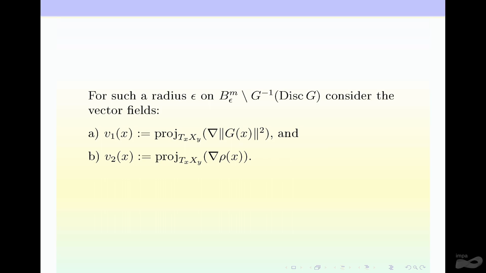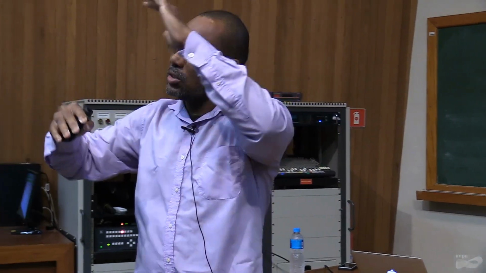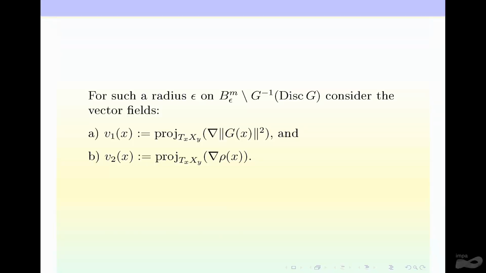But we already saw that omega x is a combination of the gradients of gx, and since this vector is also a combination of the gradients of gx, if this vector is included there, it should be a singular point of g. But you already removed those, so the point is in the complement of this set. Okay, so it is easy to see that under such a condition, this vector is not zero.